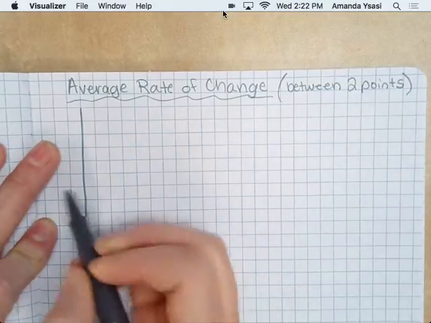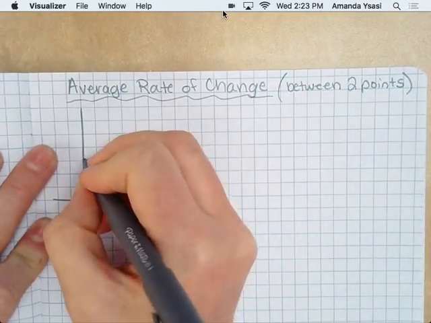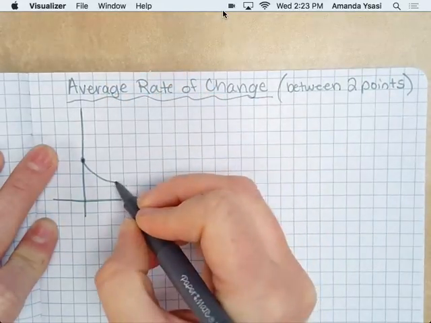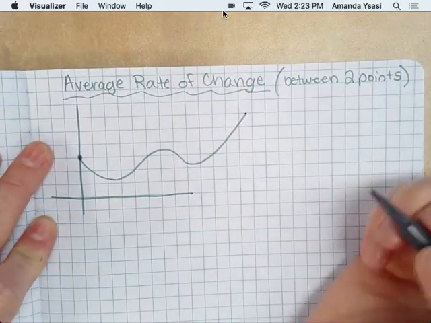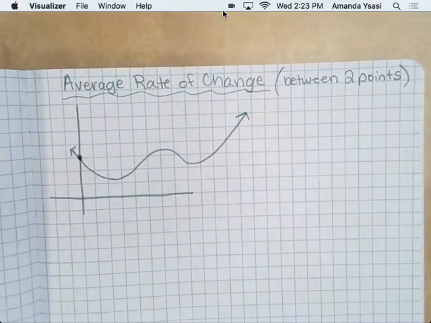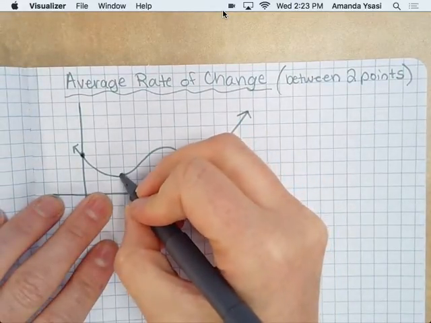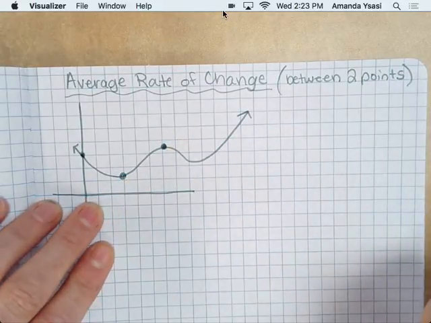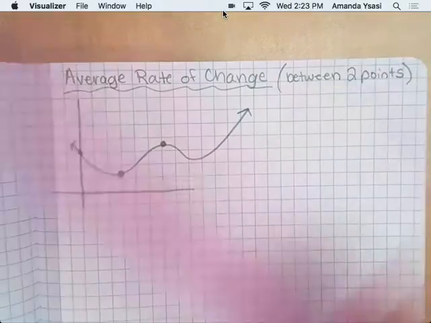I'm going to draw a function. It's going to be kind of funky. So let's say we have a function like that. We can find the average rate of change between 2 points. Let's say we want to find it for this increase right here.